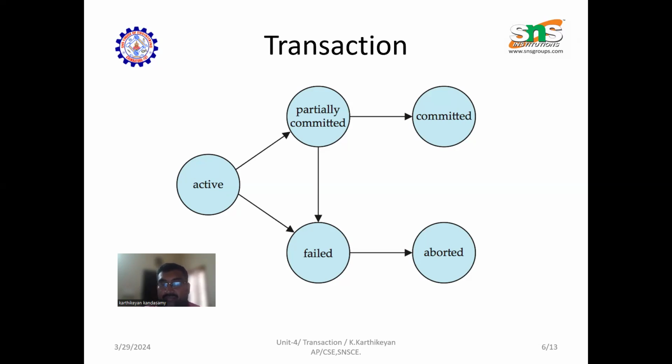Suppose I start my process and at that time there is a problem, for example, the software crashes, or the hardware crashes, or due to electrical failure of my machine. That is called transaction fail. Once again, first time, second time, third time, you can start the same process.